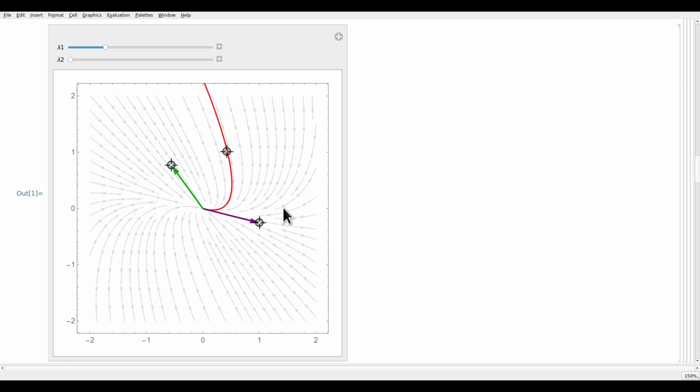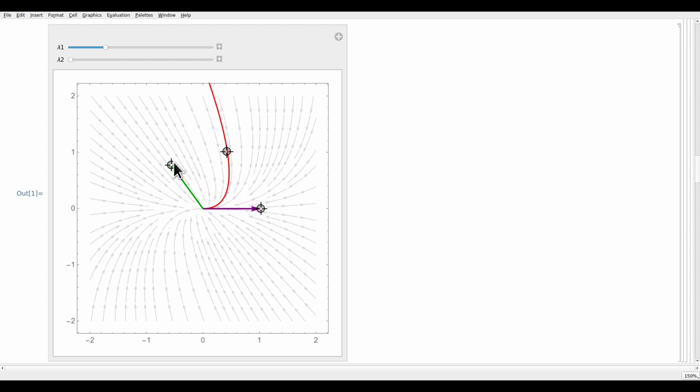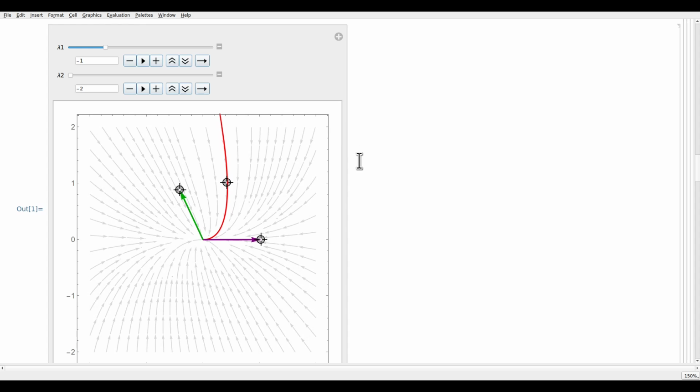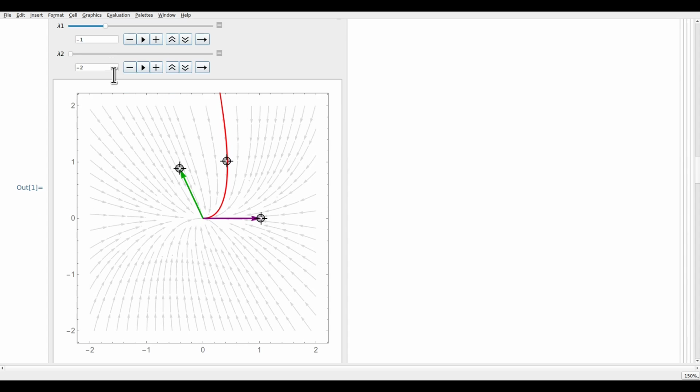So let me show you this numerical calculation in Mathematica. What you're looking at is something called a stream plot that shows just little bits of solutions to a differential equation. And I've picked out the eigenvectors v1 and v2. And up here, I've set up the eigenvalues so that we can change them around.